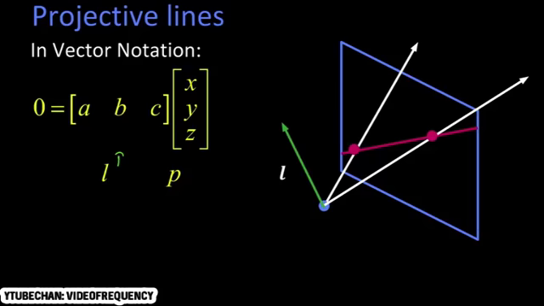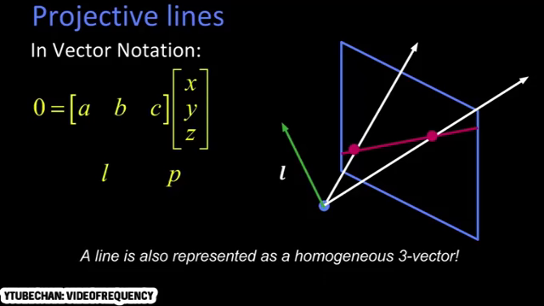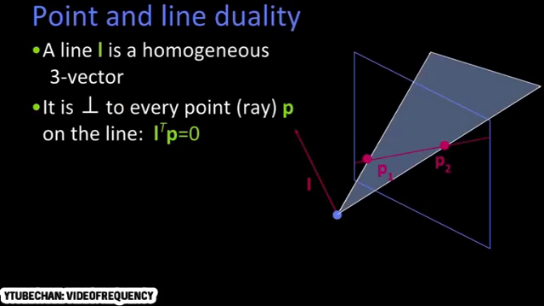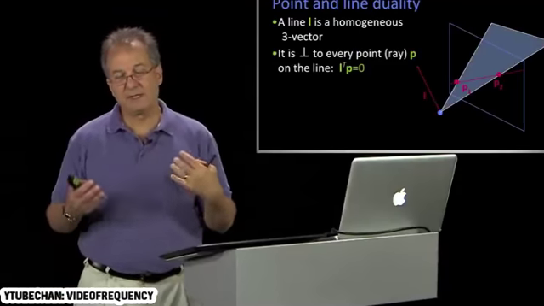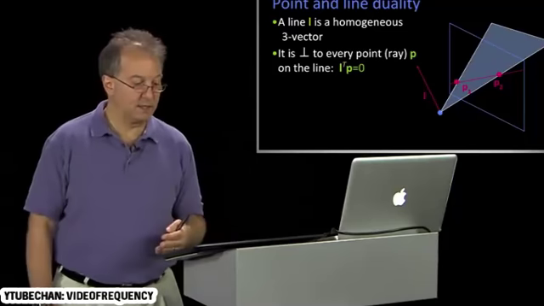And the thing to think about is that in projective geometry and in this homogeneous coordinate system, a line is also a homogeneous 3-vector. So a point is a homogeneous 3-vector, but a line is also a homogeneous 3-vector. In fact, this relationship that a point is a 3-vector and a line is a 3-vector is what's going to get to this duality between points and lines.